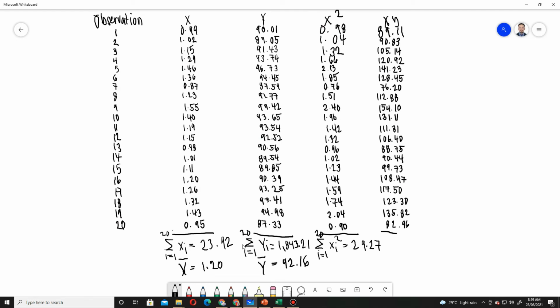We get the sum for this xy column. This will be represented by x sub i multiplied by y sub i. It is equal to 2214.65.